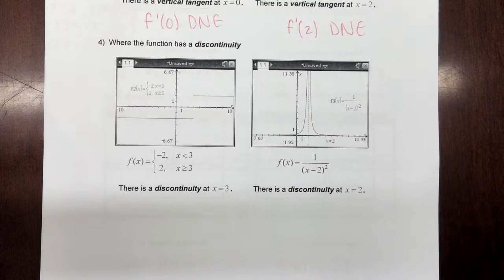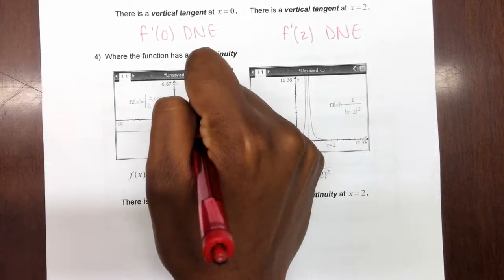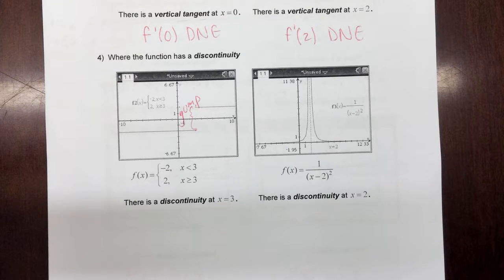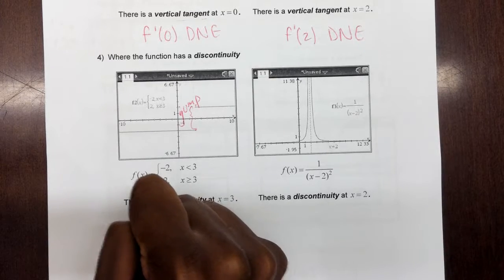The last time derivatives fail to exist is when we have a discontinuity. If our function is discontinuous, like here where we have a jump discontinuity, then it does not have a derivative at x equals 3.